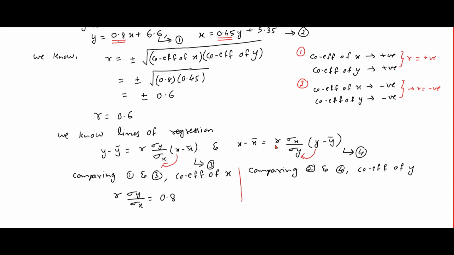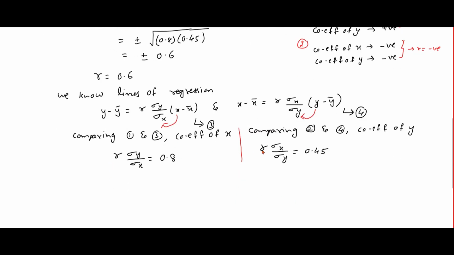If you write down the coefficient of y over here, it is r sigma x by sigma y is equals to, in equation number 2, the coefficient of y will be 0.45. Observe, we already know the value of r from here, and we have been given the value of sigma x. You can take any one of the equations. Either you take this equation to find the sigma y value, or you take this equation.